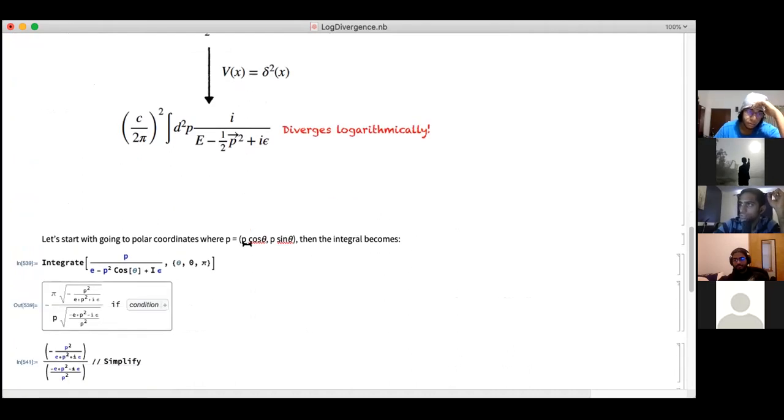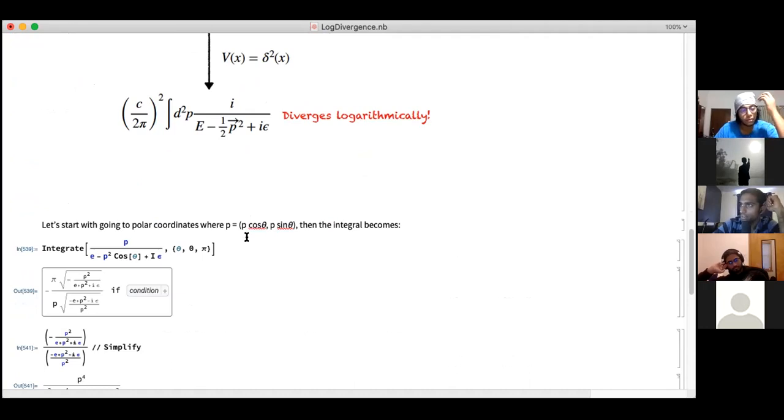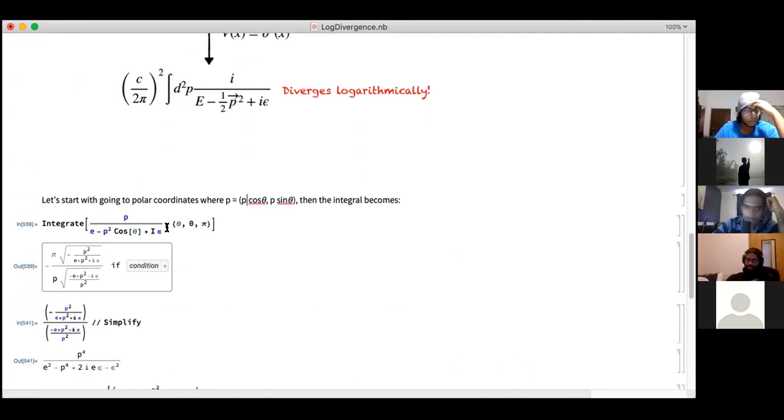So what we do is we just write this vector p. Sorry, I couldn't get the notation to come out with a hat or a vector sign on top, but this is a vector. I decompose it in polar coordinates. Now p here is just a scalar, like it was above. And my integral becomes this thing.